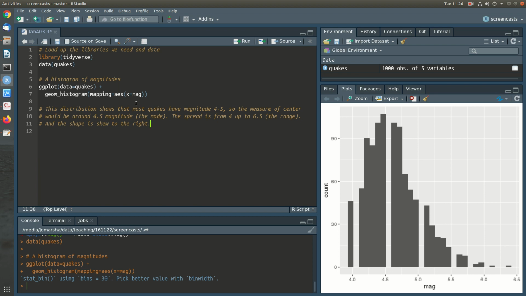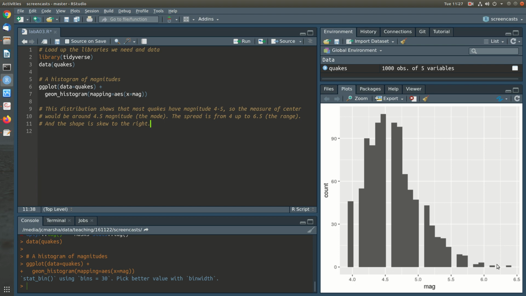So when I talk about skew to the right here, I'm saying that the long tail of the data is out towards the right, which means that most of the data is on the left. So skew right means most of your data is on the left and the long tail is to the right. Skew left would be the other way round, where most of the data would be to the right and the long tail is to the left. Typically, skew left data is not something that happens very often.